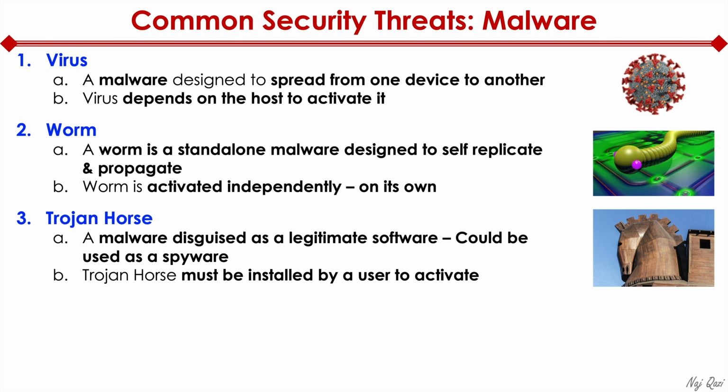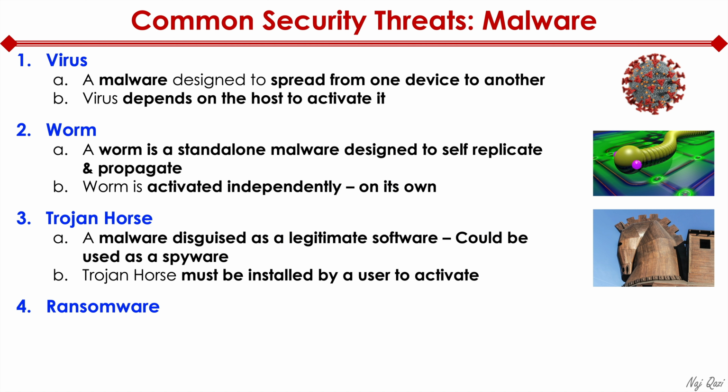Once again, a Trojan horse acts very similar to a virus, but it's disguised as legitimate software. That's the difference. That's why they typically tell you not to download random pieces of software on the internet, because you might inadvertently download a Trojan horse that might be spyware running on your machine.